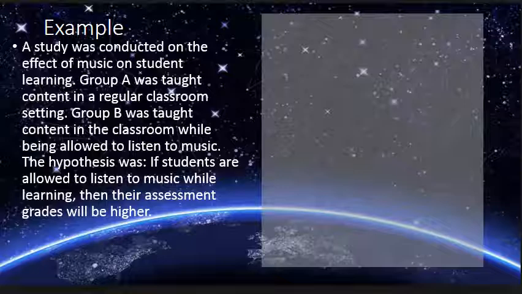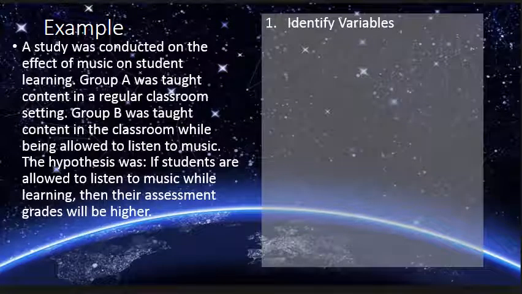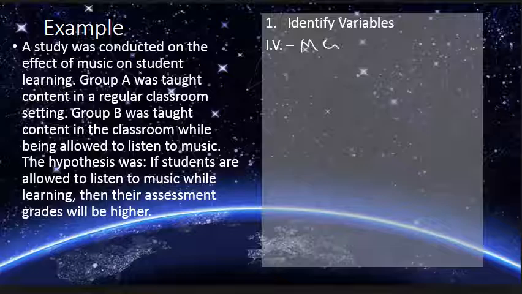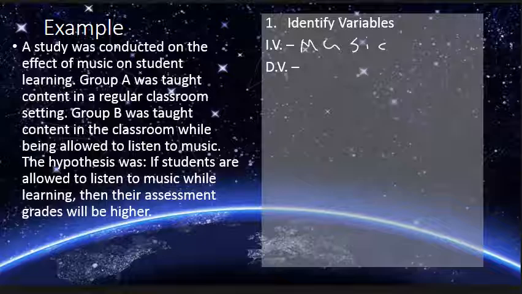The hypothesis: if students are allowed to listen to music while learning, then their assessment grades will be higher. So first you have to identify the variables. The IV, independent variable, would be the music. The DV, or dependent variable, would be the test score.